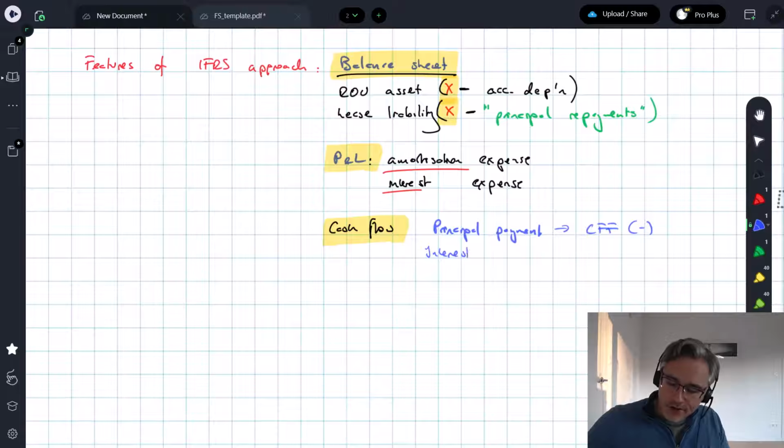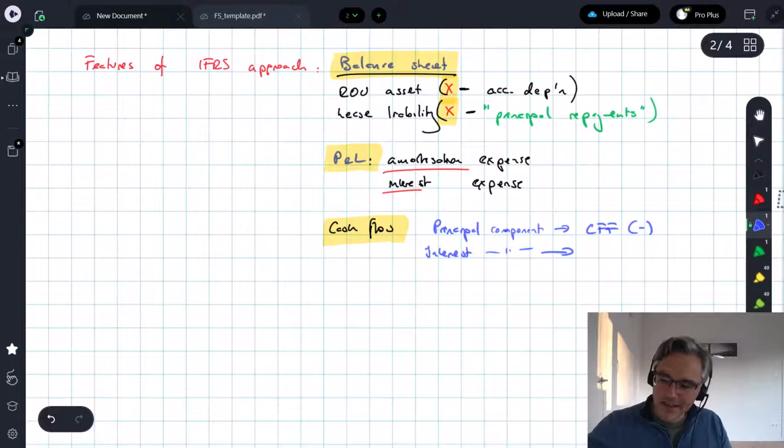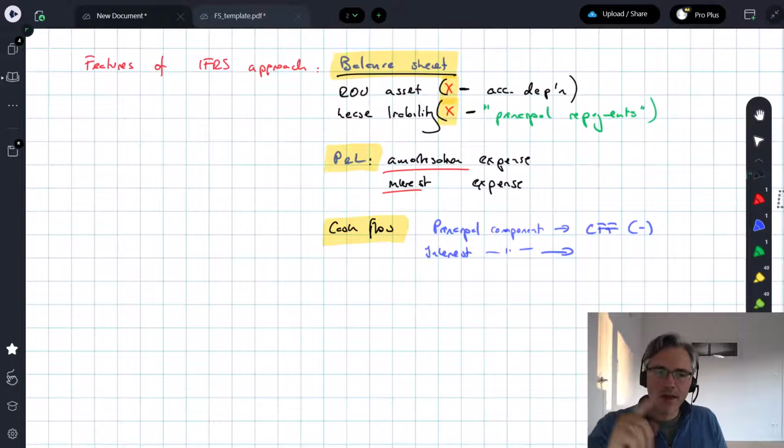The interest component, well, I wouldn't say this is a payment, let's call this the component, because this is something we artificially compute, splitting the overall lease payment into its principal and interest components. Remember, this is IFRS, and under IFRS, when you pay interest, or something that you call interest, you've got a choice of how to account for it.